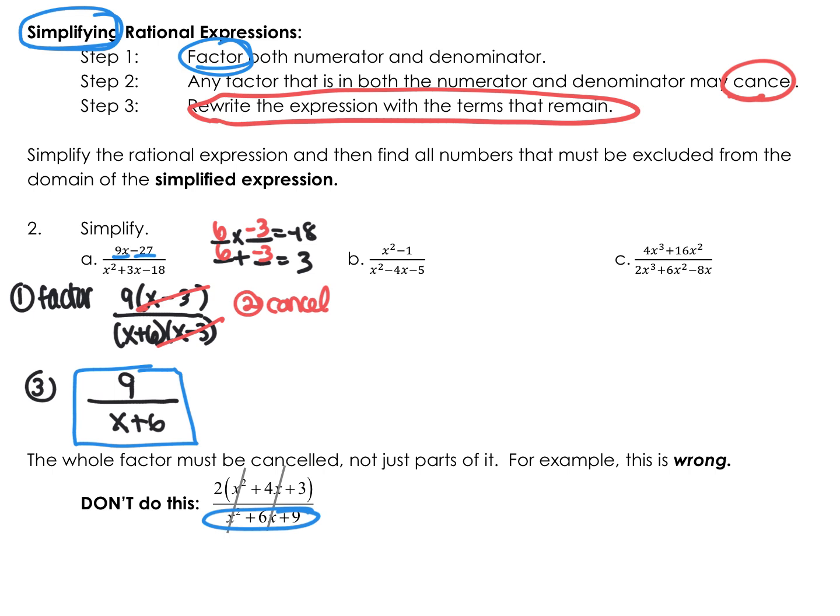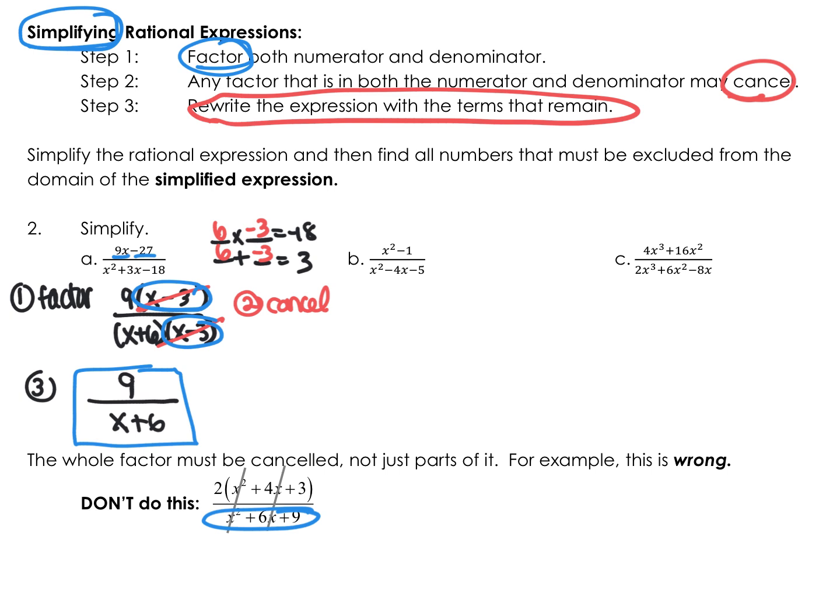Or it's not even factored yet. So you can only cancel out if it's the whole factor, like you can't cancel out the x and the x here. You have to cancel out the whole factor, x minus 3 and x minus 3. So be careful of that. So for example here, for B, you cannot cancel out those x squareds. Those are not part of the whole factor. You have to factor first and then make sure it's the whole factor.